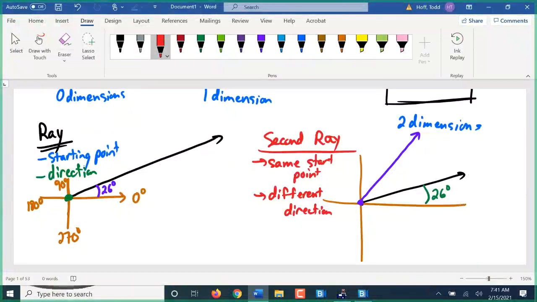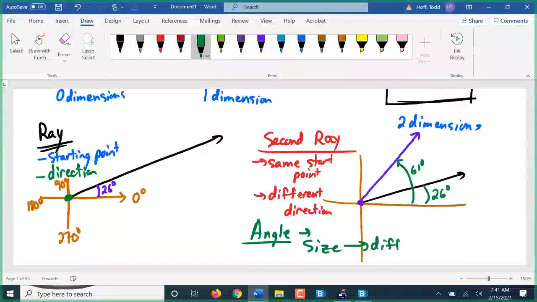These two rays come together to make an angle. Let's put a direction on that second ray. Let's say that is at 61 degrees. The angle formed here, of course, between those two rays. Its size is just the difference in direction.